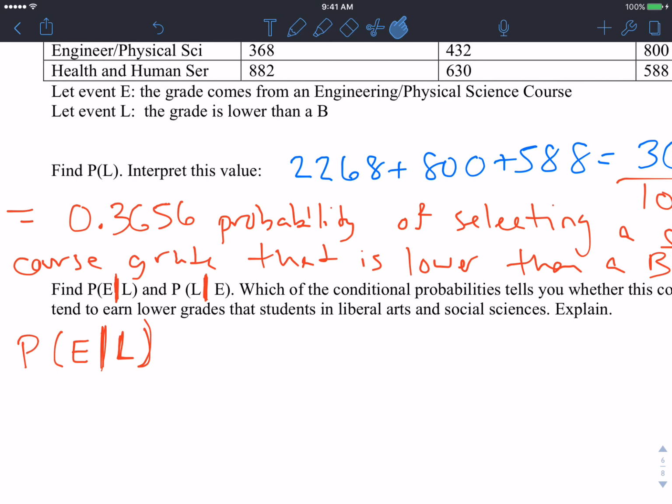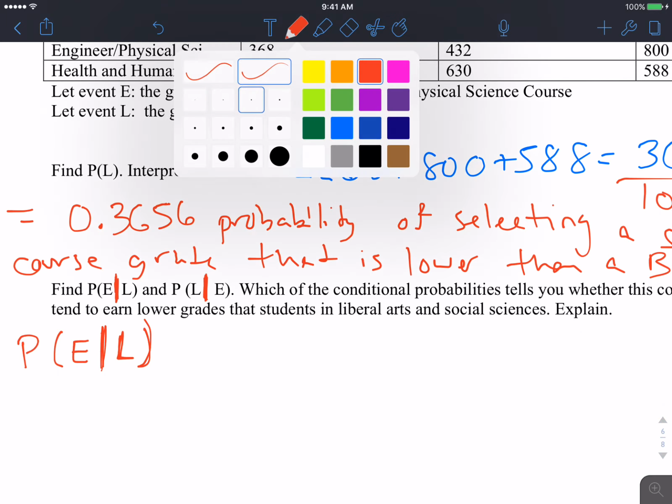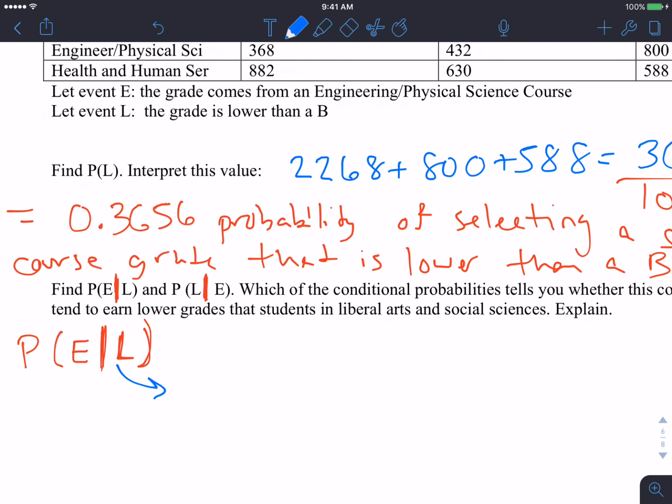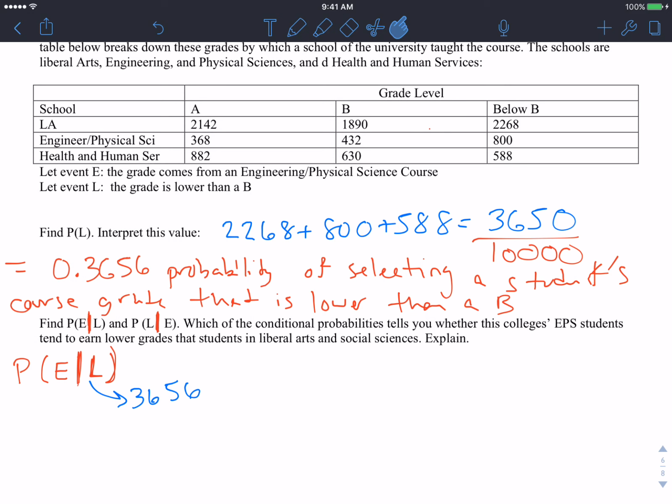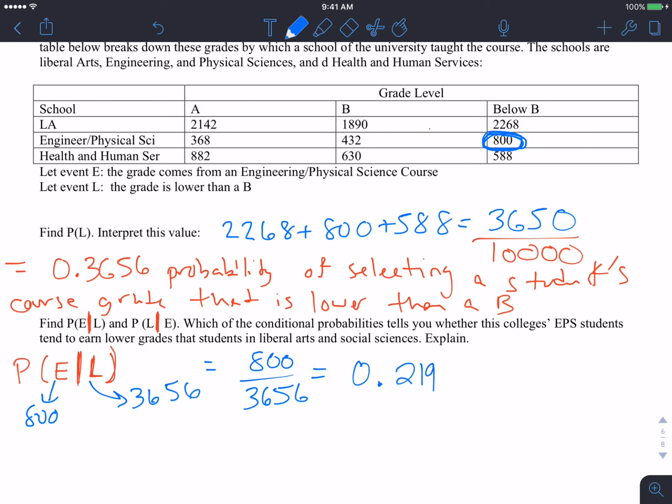And L is lower than a B. So since L is lower than a B, that's our new total. So our new total is 3,656 because that has to happen first before you take a look at event E, which is the grade comes from engineering and physical science. And if you look at engineering and physical science, there's only a total of 800. So this is 800 over 3,656, and that will give you a probability of 0.219.